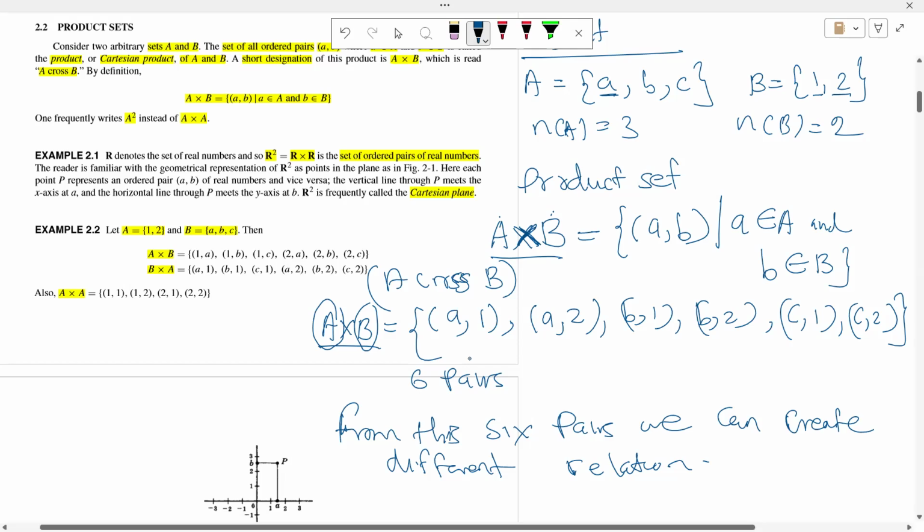Only one element from A, one element from B. We are not taking 2 elements from A or likewise. So an ordered pair must have 2 elements, so we consider the relation between only 2 elements, not more than that.